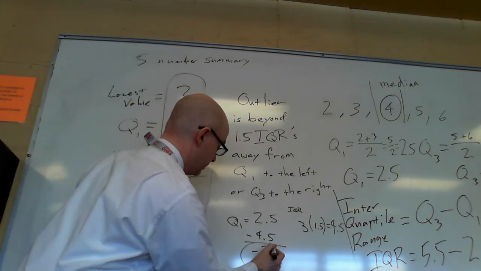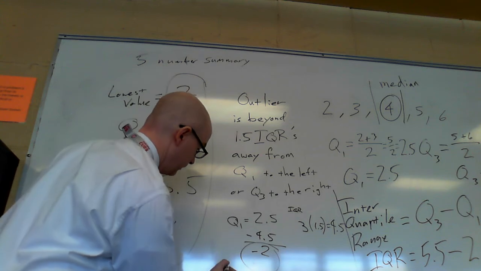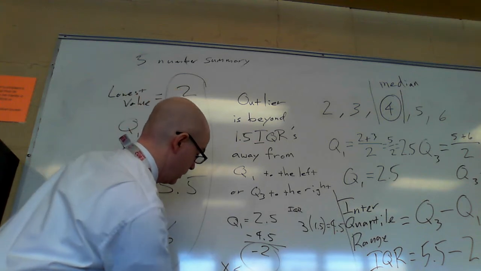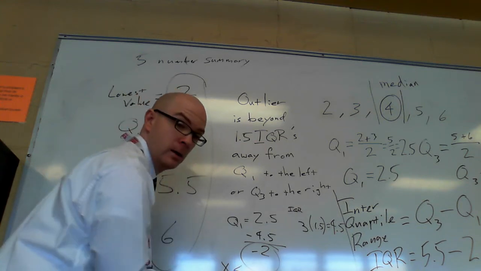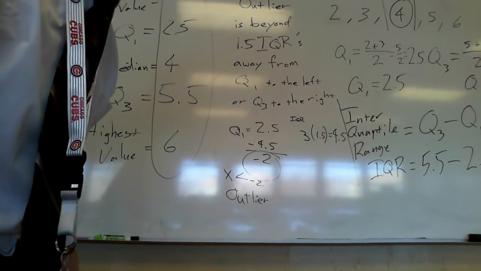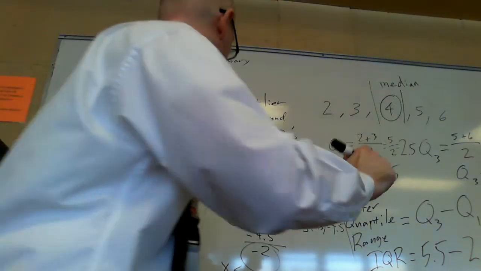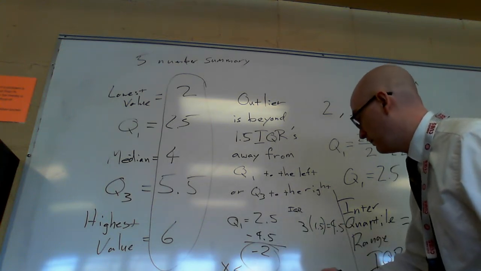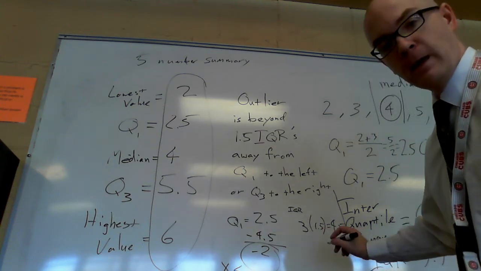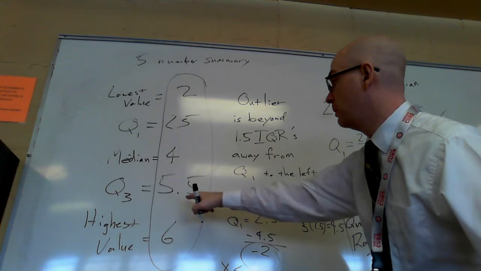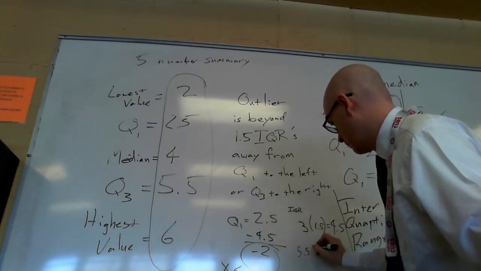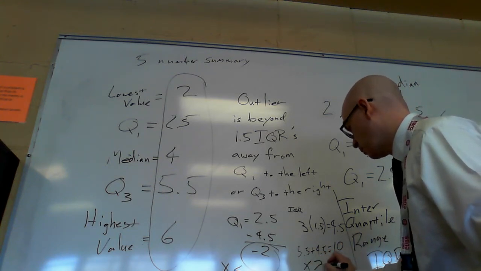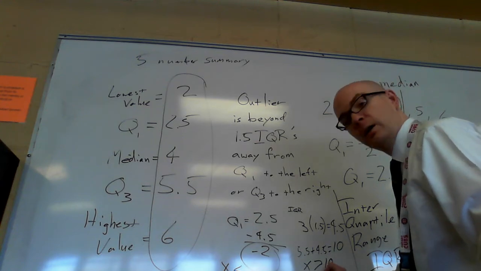Anything that is to the left of -2, in other words, if x is less than -2, then it is an outlier. If x is less than -2, it is an outlier. Similarly, we take this 4.5, we add that to quartile 3, which we said was 5.5. That gives us 10. If x is greater than 10, it is also an outlier.